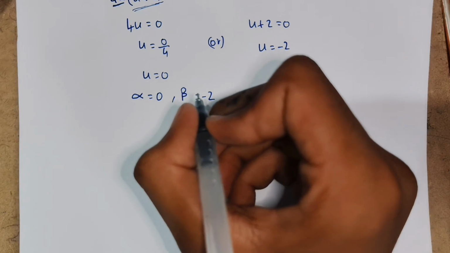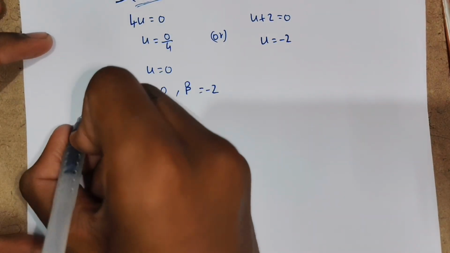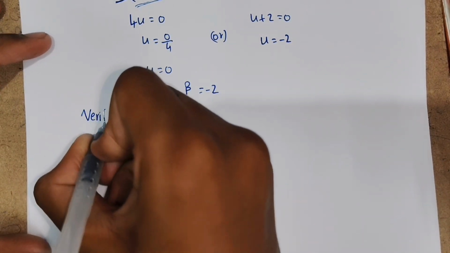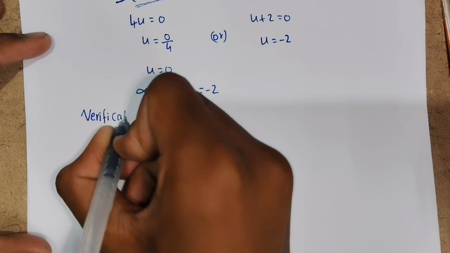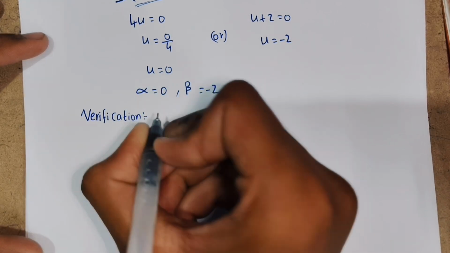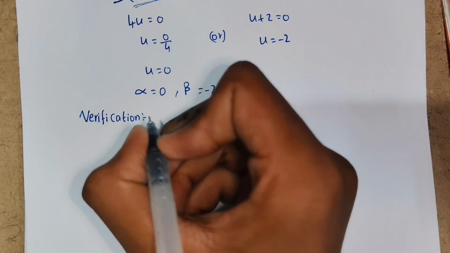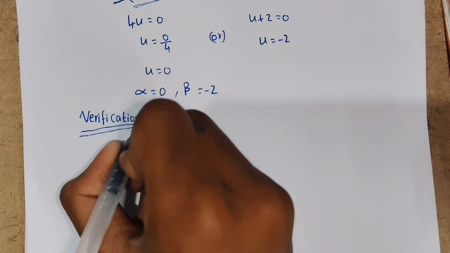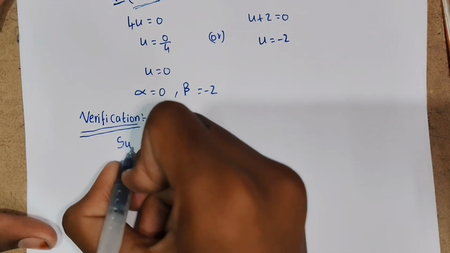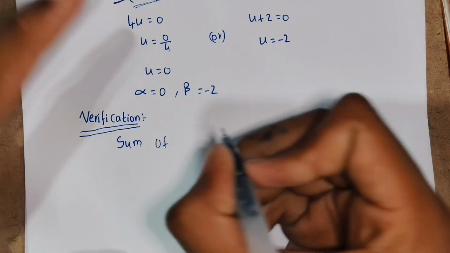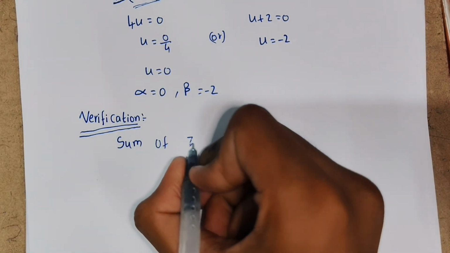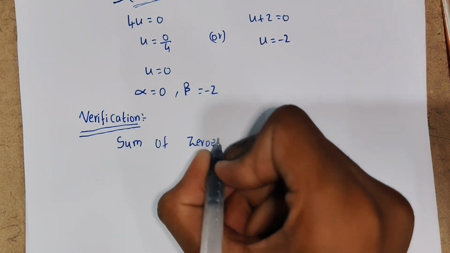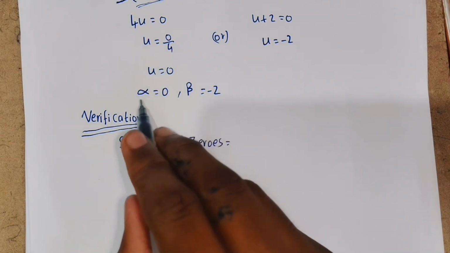So let us do the verification. Sum of zeros equals, what are the zeros here?